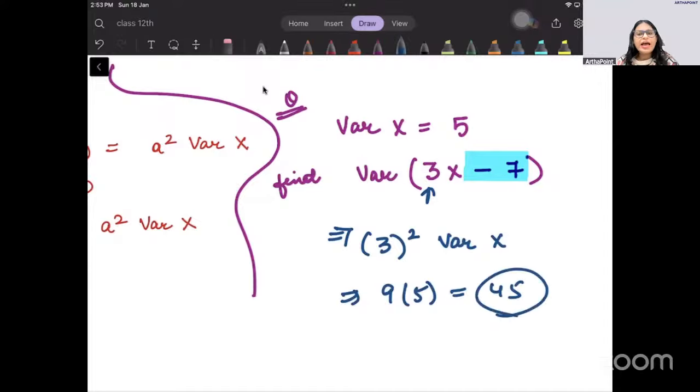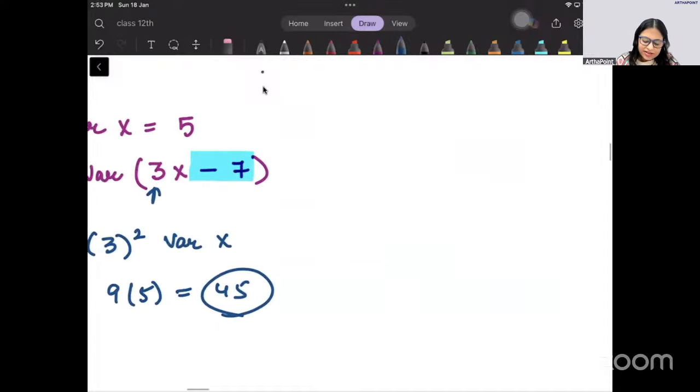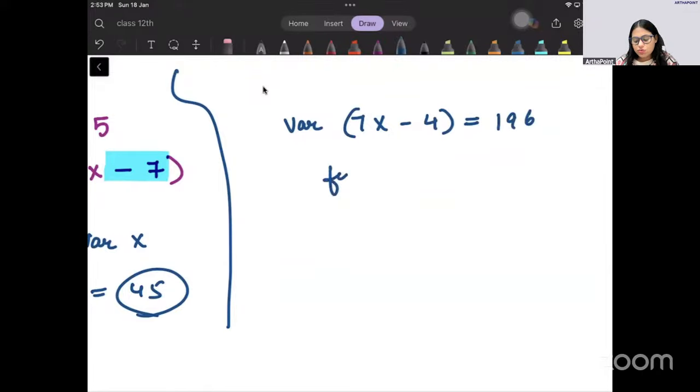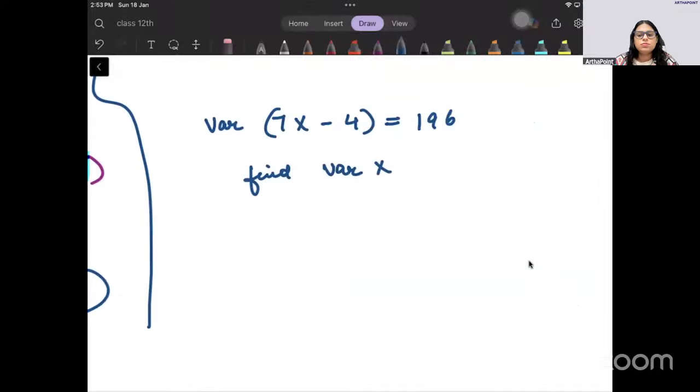Okay, what if I reverse engineer? Suppose I tell you that variance of 7X minus 4 is 196 and I ask you to find variance of X. Okay, how about others?